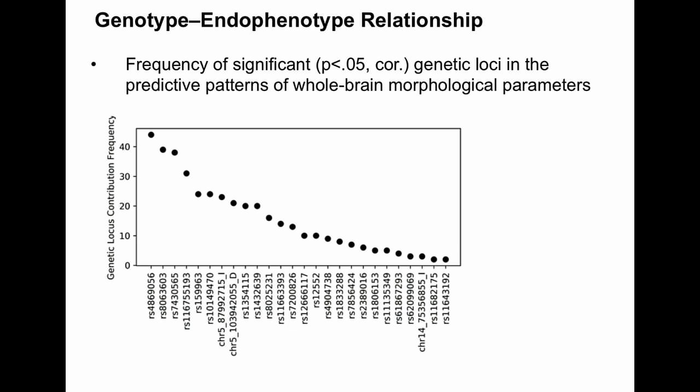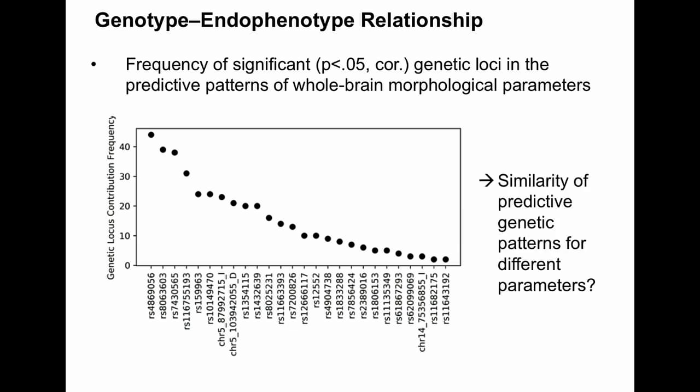You see that there are some that had a frequency higher than 40, and quite a few had occurrences higher than 20. That sparked the question whether there is a similarity in the predictive genetic patterns across the parameters in FreeSurfer.